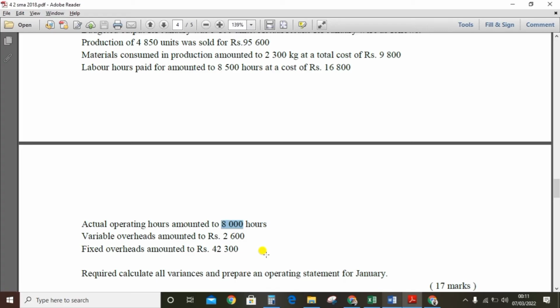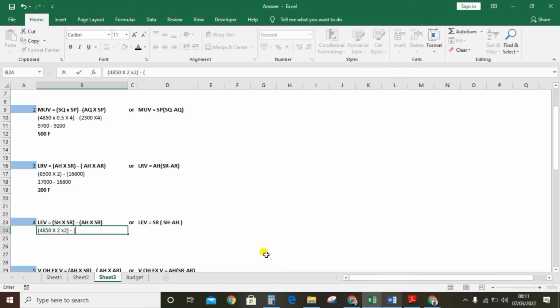For rate variance we use 8500. Those 500 hours are idle hours. So 8000 actual hours into standard rate 2 rupees.